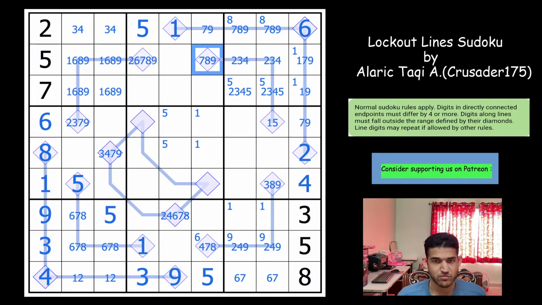So 7 is also not possible. So now there are very few options to us. If I have 8, this is supposed to be 1 in order to have the difference of at least 4, and these become between this. So this is supposed to be a 9, and which means this cannot be a 1. This is a 5, and the only way possible is this one. So that's a 5. That's a 2, 3, 4.